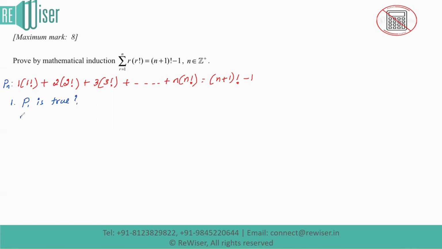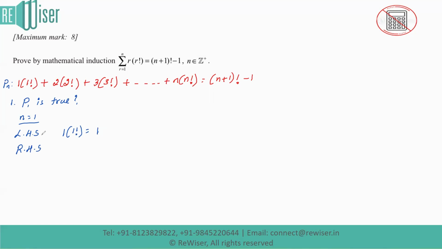So in that case, if I replace n with 1, on the left-hand side we are just talking about the first term. So the left-hand side has to be only one term. That's going to be 1 times 1 factorial. And the value of 1 factorial is 1 itself. So this is going to be 1. If I talk about the right-hand side, we have (n plus 1) factorial minus 1.